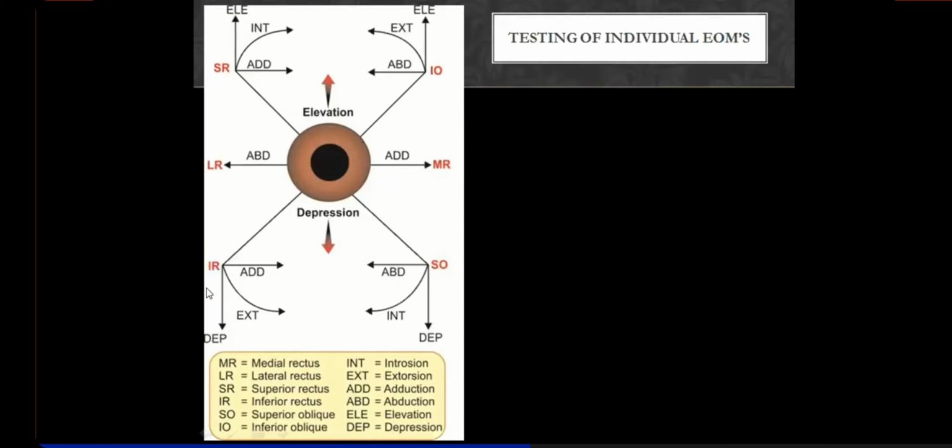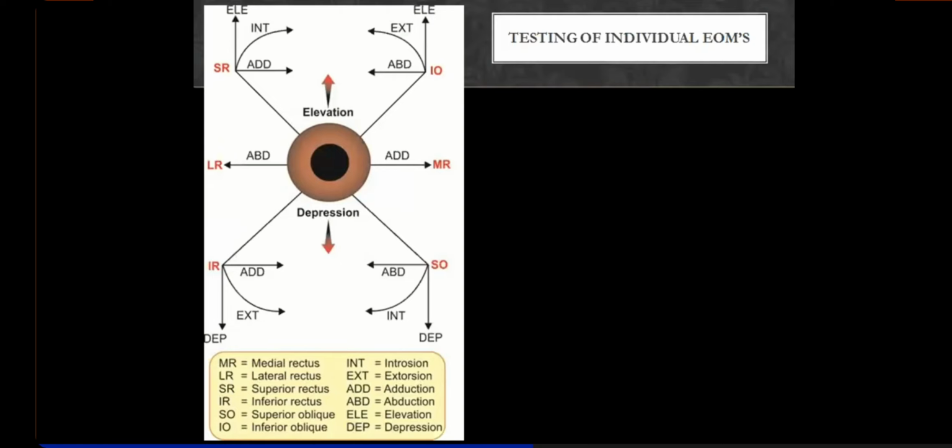Clear? Now, regarding the combined movements in a live subject, the actions performed by these muscles will be different. Now look here, the diagram which I had shown you when I was teaching oculomotor nerve or trochlear nerve, I believe they must have shown.